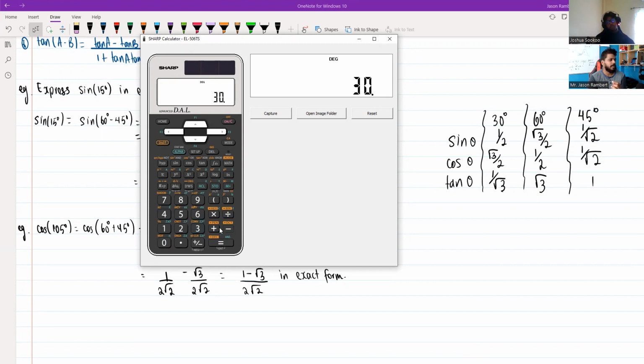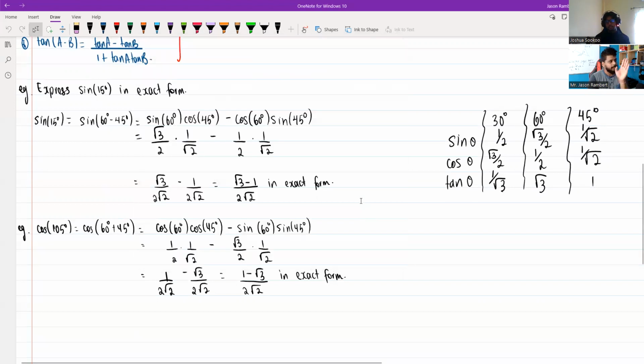Or the next one, 45 minus 30. This could have been another pairing of angles to get sine of 15 degrees, instead of using 60 minus 45, because both will yield a 15-degree angle when I subtract them. And again, these things are very useful, especially when you have to express a sine of an angle in exact form, and you'll have to do it a lot in advance.